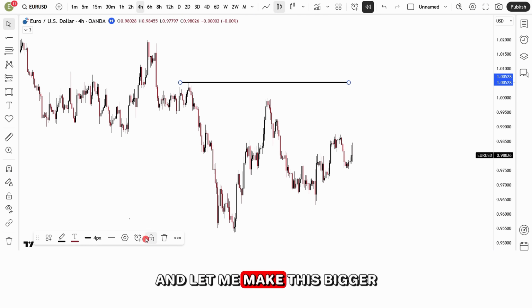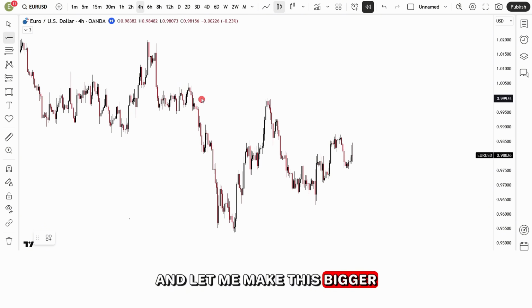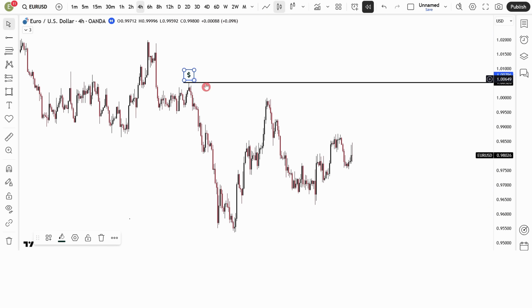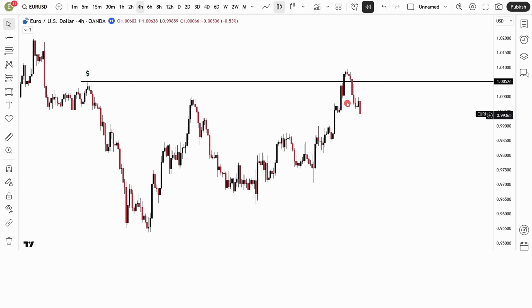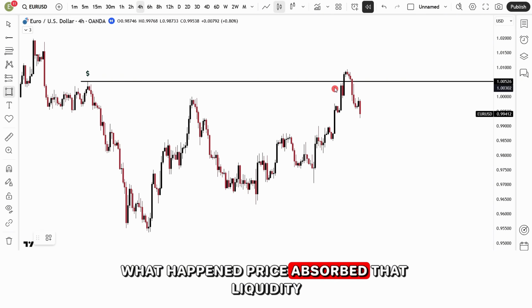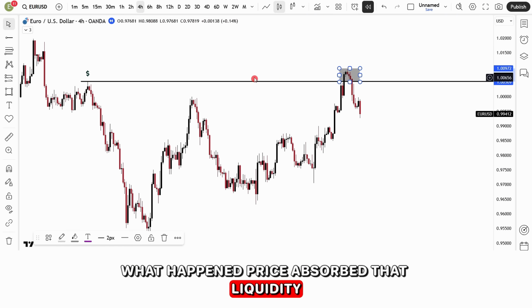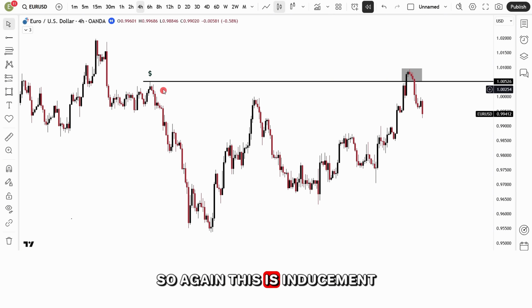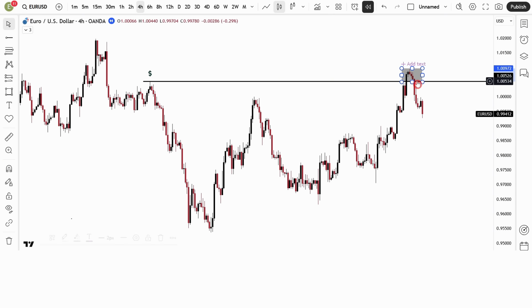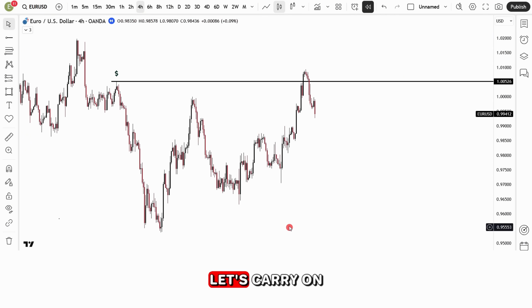And let me make this bigger. What happened? Price absorbed that liquidity. So again, this is inducement. Let's carry on.